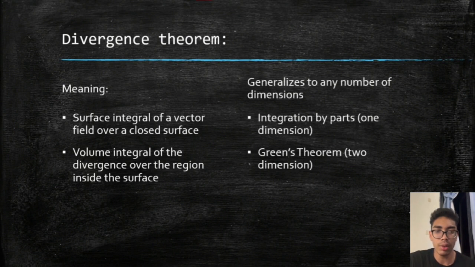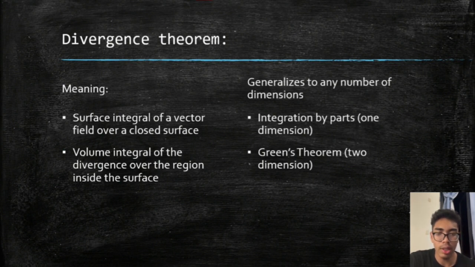The divergence theorem says that the surface integral of a vector field over a closed surface, which is the flux through the surface, equals the volume integral of the divergence over the region inside the surface. The divergence theorem is generalized to any number of dimensions, which is integration by parts for one dimension, while it is equivalent to Green's theorem in two dimensions.